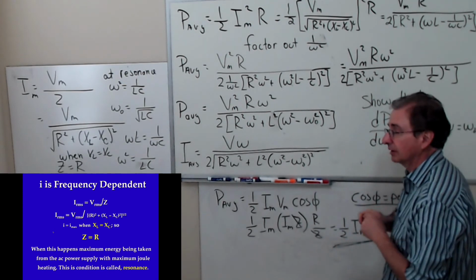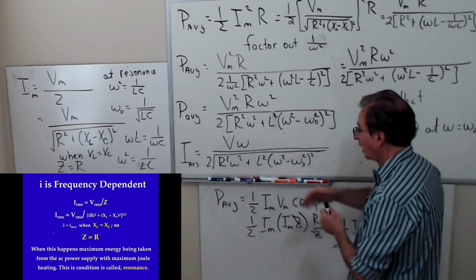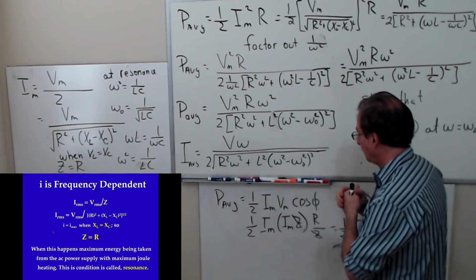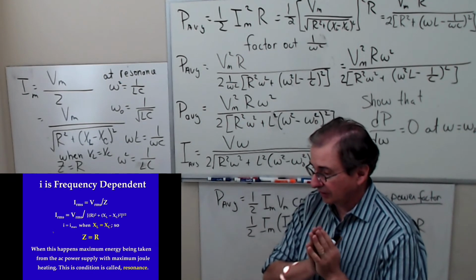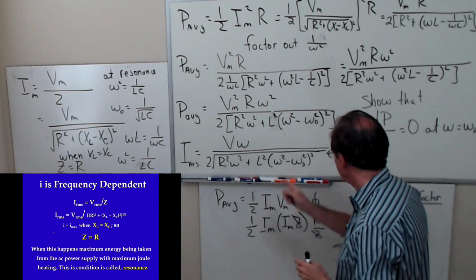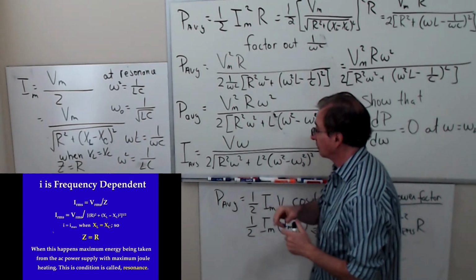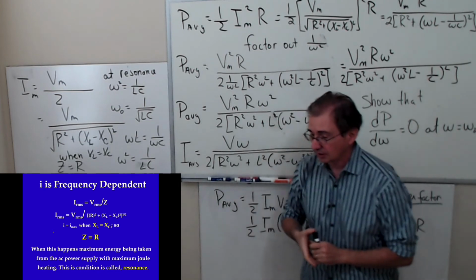I don't warn you about this. So, at resonance, the voltage across the resistor is maximized at this frequency, when omega equals omega naught, the natural frequency of oscillation.